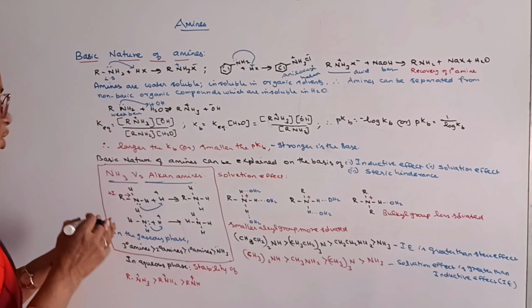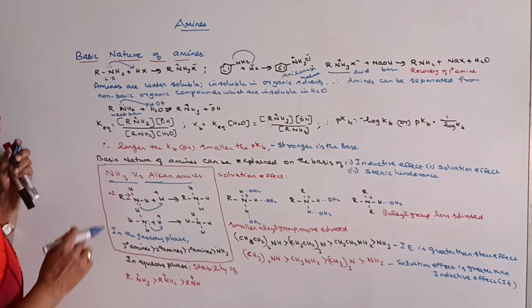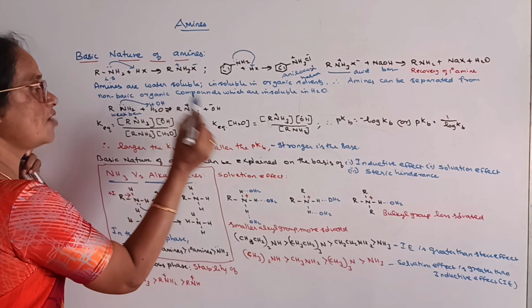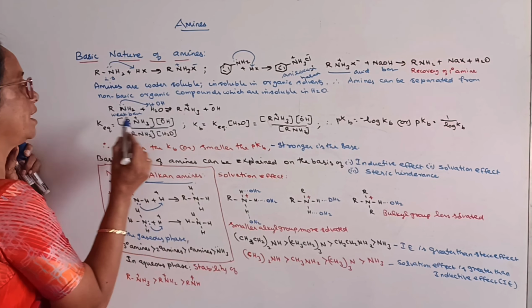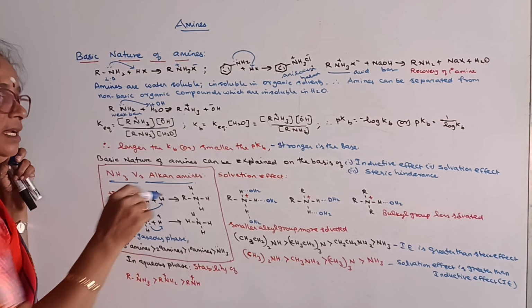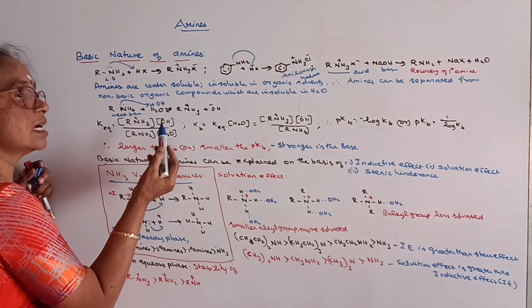So for this equilibrium reaction, we can write the equilibrium constant. K equilibrium is the product of concentrations of products divided by the product of concentrations of reactants. Here the change in concentration of water is negligible, and hence it is taken as a constant.